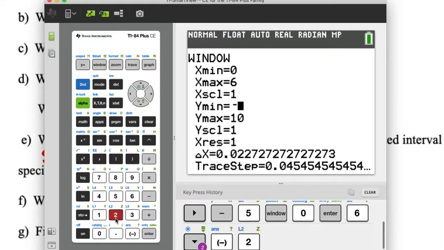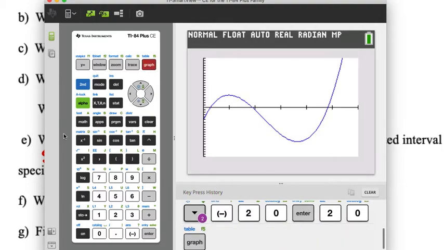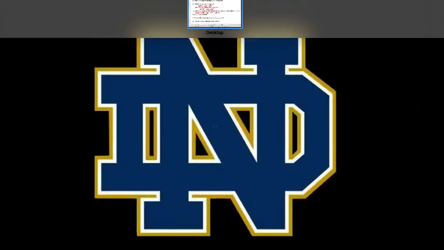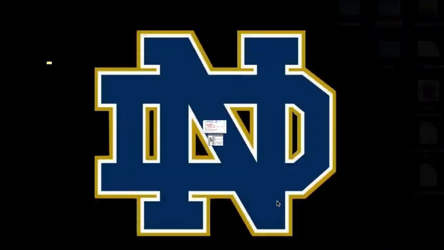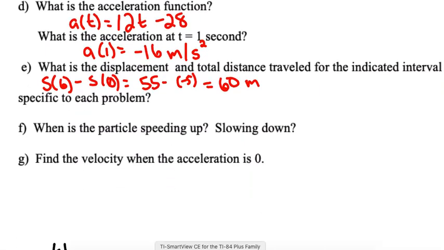I did negative 20 to 20, even though we're not going to be able to see 6, because when you plug 6 in, you end up getting 55, as we found out from this part right here. I don't know what keeps happening to that when it disappears, but just pull it up like this, I guess.